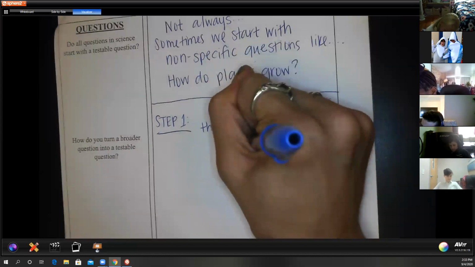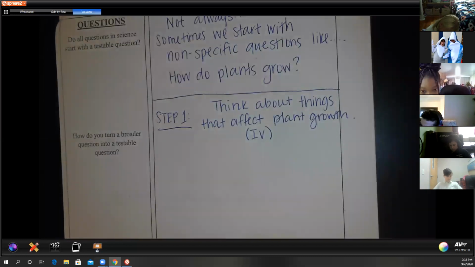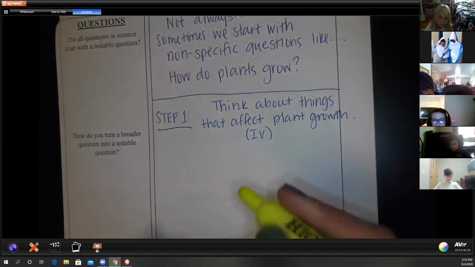This would be my independent variable. This is what I would change.